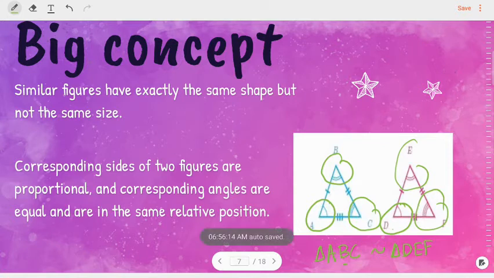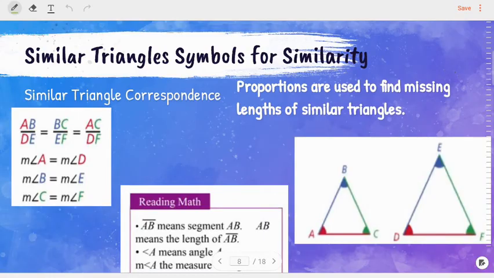The other thing that I need to know is that the corresponding sides of two similar figures are proportional. So because one's an enlargement or a reduction, the side lengths may not be exactly the same, but they should be proportional, making things the same shape.